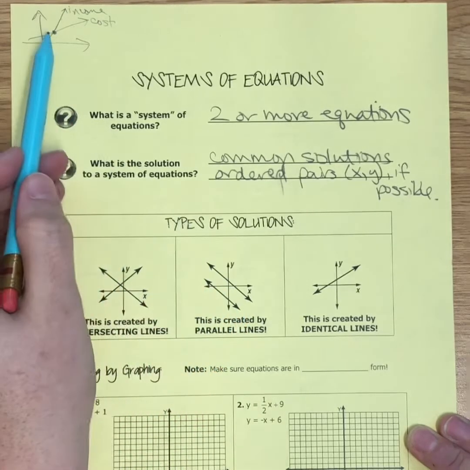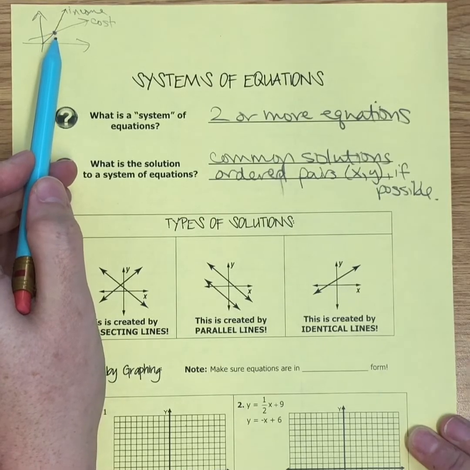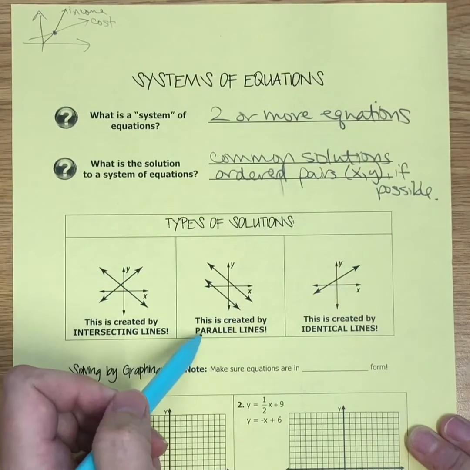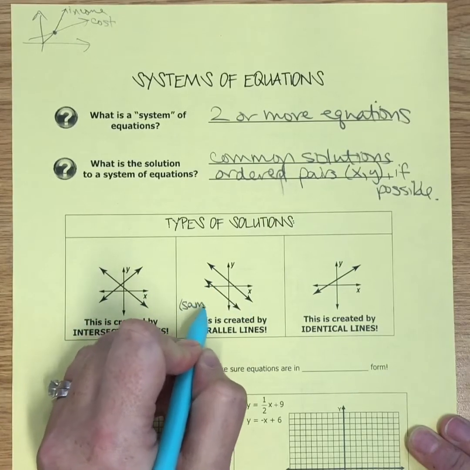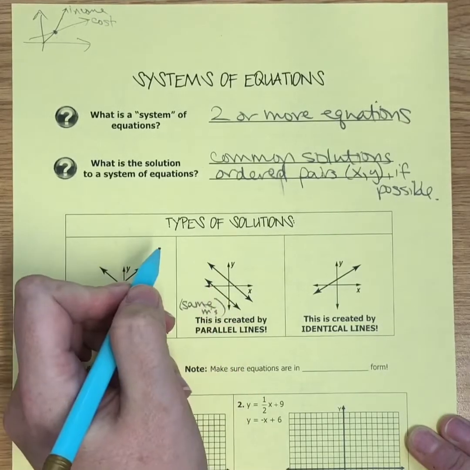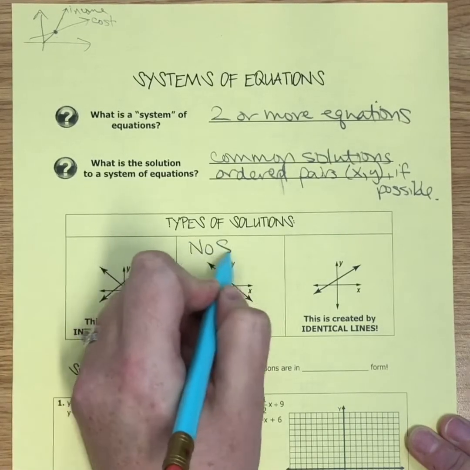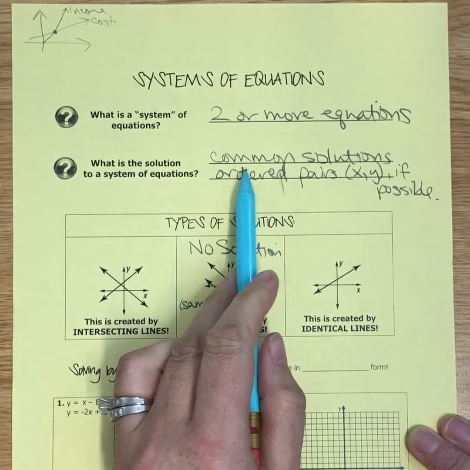No. They'll never intersect, like our income and cost equations did for our PBLs. So in fact, if you have parallel lines, which remember we said have the same slope, or same m's, there's going to be no solution. The reason there's no solution is because they have no common points.